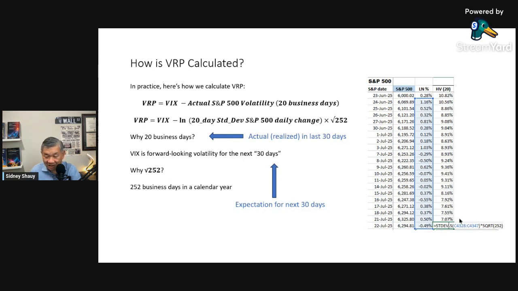So you're going to get a number here, and that number is, oh, I'm sorry, not the VRP. That is the second term here, the actual volatility of the S&P 500 in the last 20 business days or trading days. And then to calculate the VRP, you just take the VIX and subtract the number that you obtained over here. Perfect.